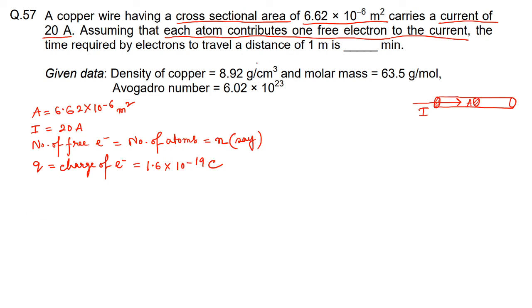Now, let the time required by the electrons to travel the distance of 1 meter be t minute. Let t be the required time.